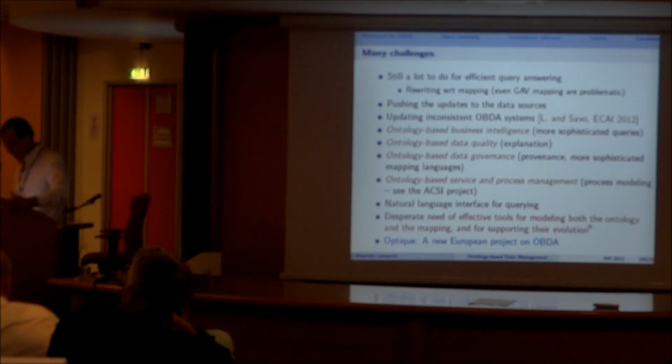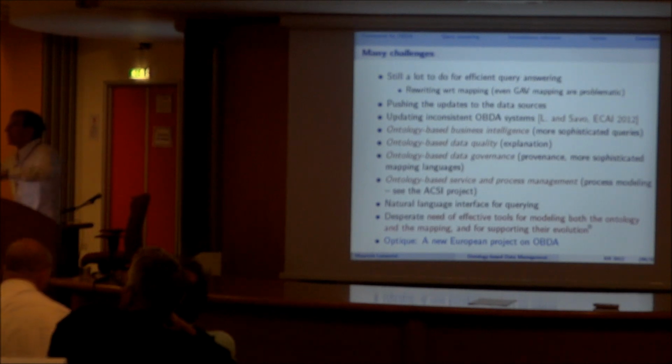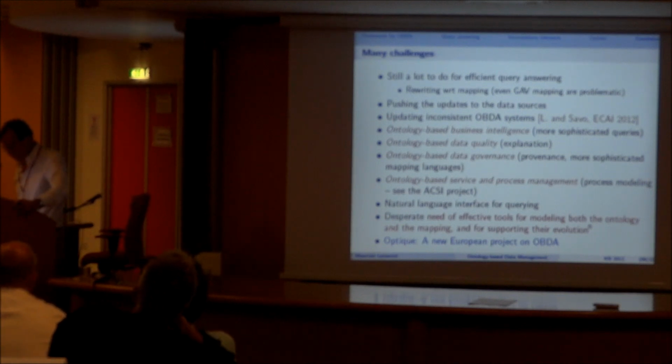There is a lot of work that can in principle be done on these kinds of things. Also, another thing that people always ask is, can I now query the ontology in natural language? For some reason, they think that the ontology calls for natural language. So they ask for querying the system in natural language.